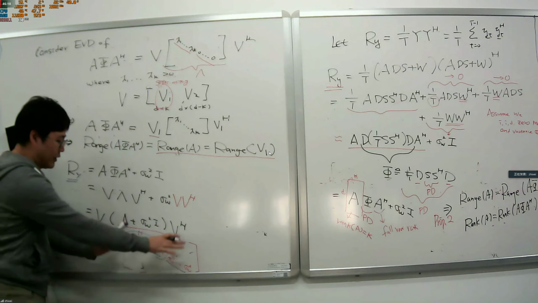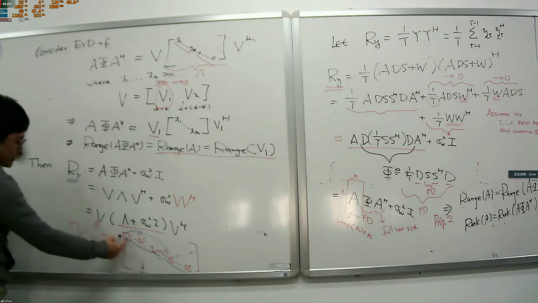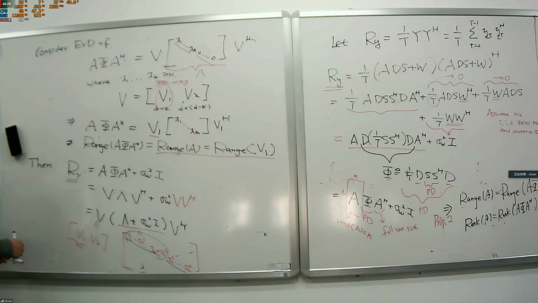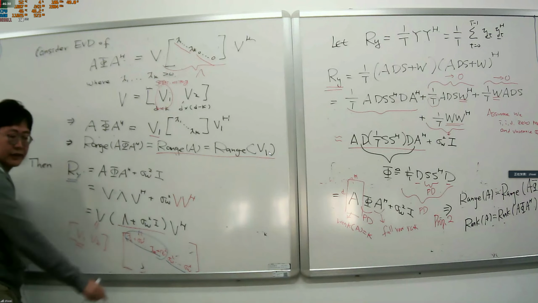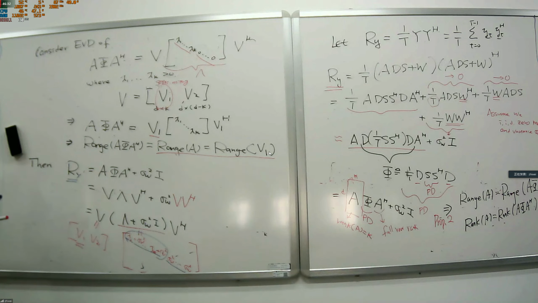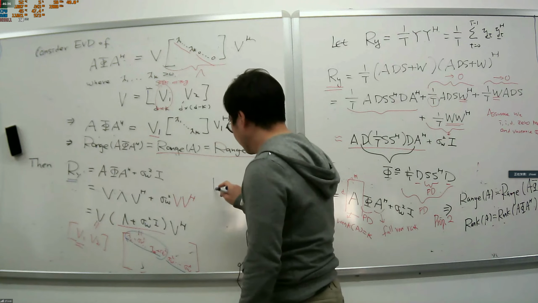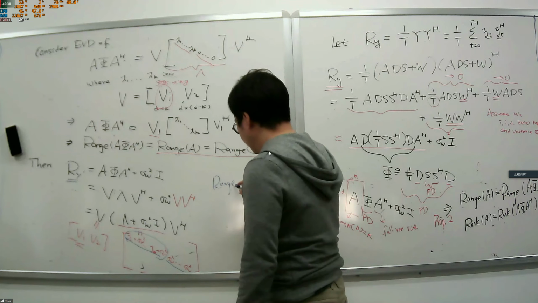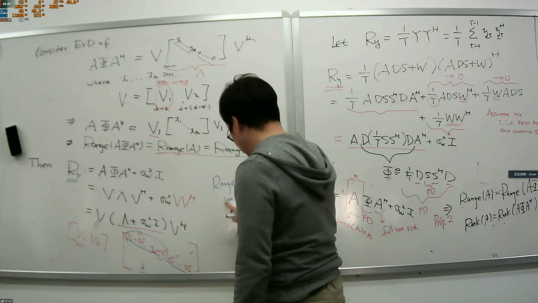If the noise is very large, it's difficult to see the gap, because this part contains only noise, and this part contains noise and signal. So in signal processing, people call the range space spanned by V1 the signal subspace.